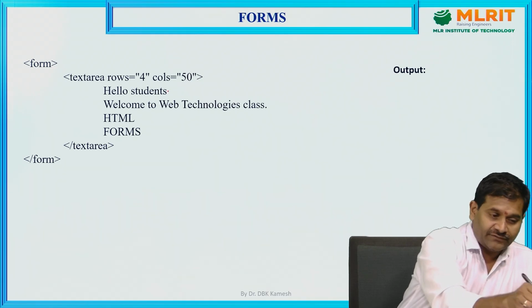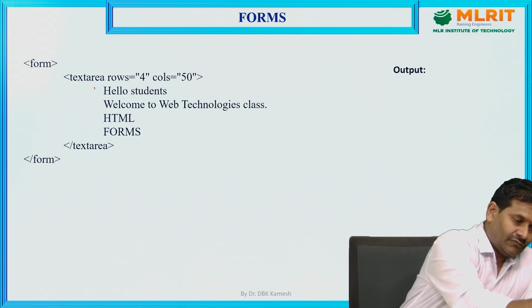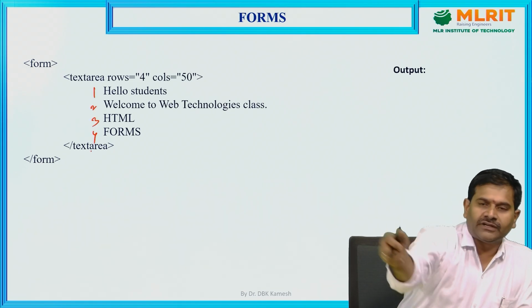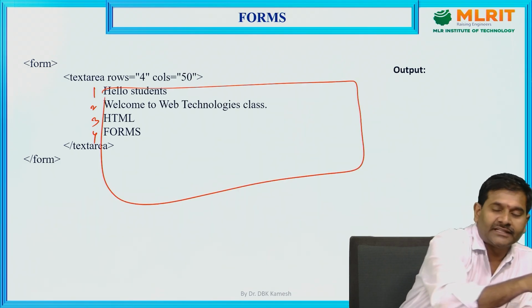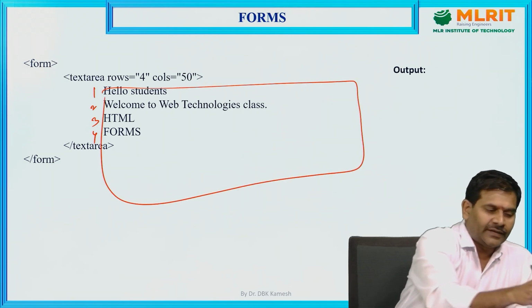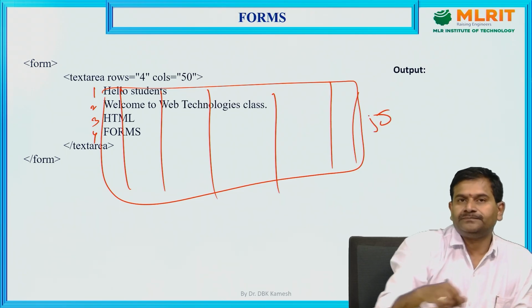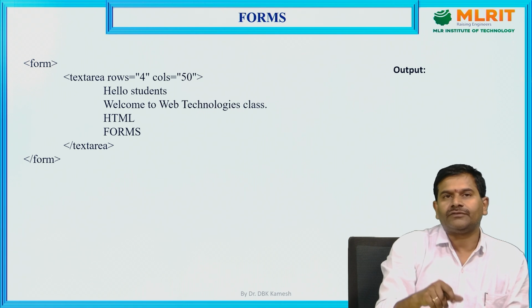Hello friends, welcome to web technologies class, HTML forms. So you see 1, 2, 3, 4 rows, and 50 columns, so 50 length, so we can take it like this, up to 50. This is called 4 rows and 50 columns.